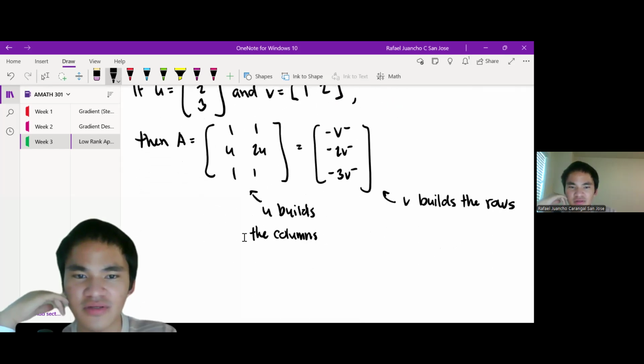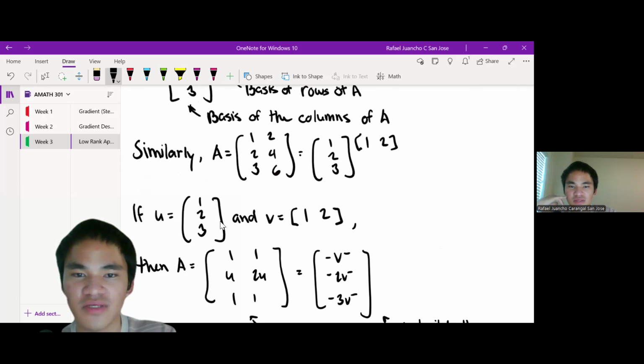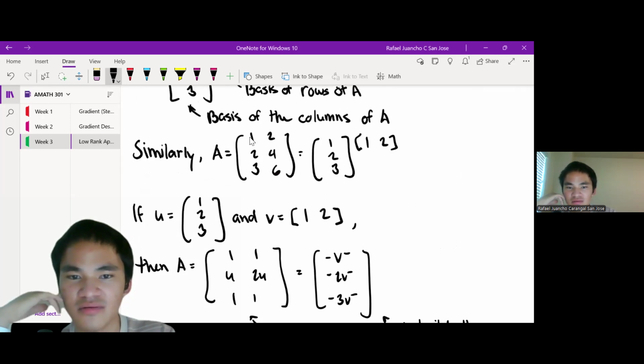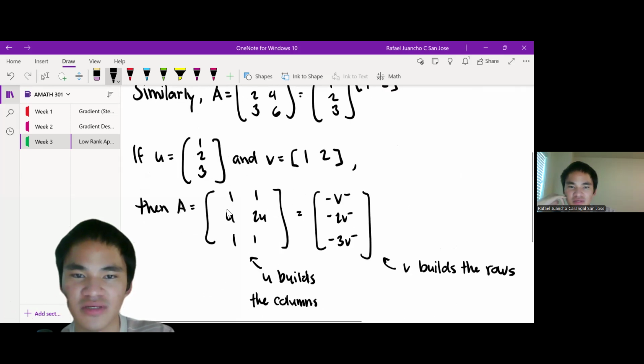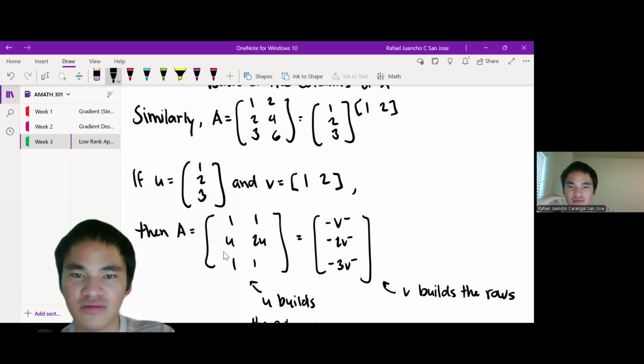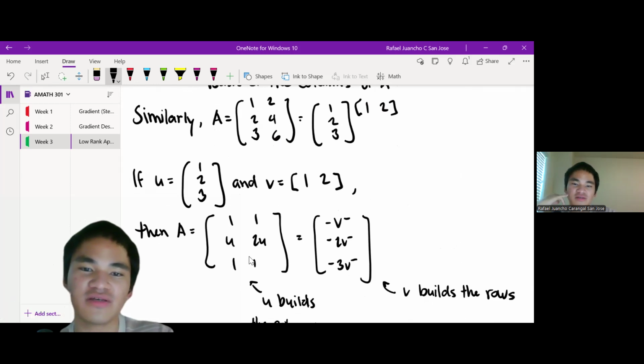And U, on the other hand, builds the columns because each column of A is a multiple of U, right? Each column of A is the same multiple of U, right? And so this would be again U and 2U, and here you have 1 and 1 again, right?